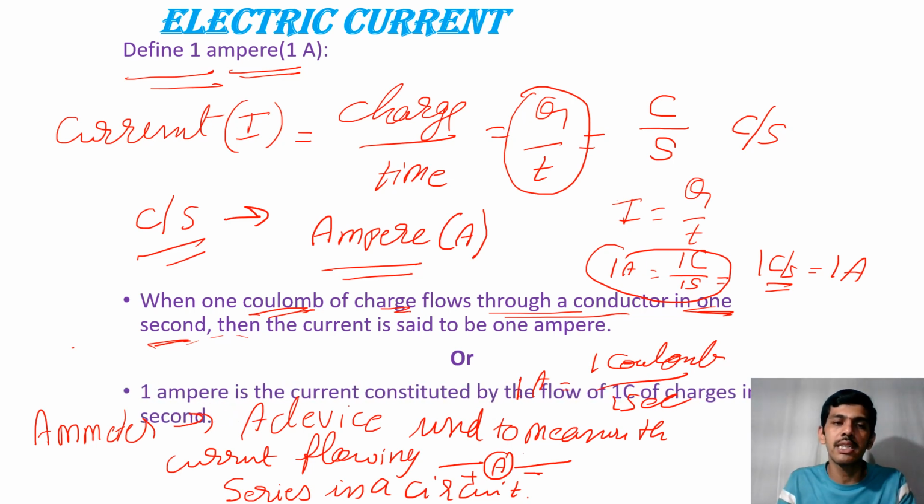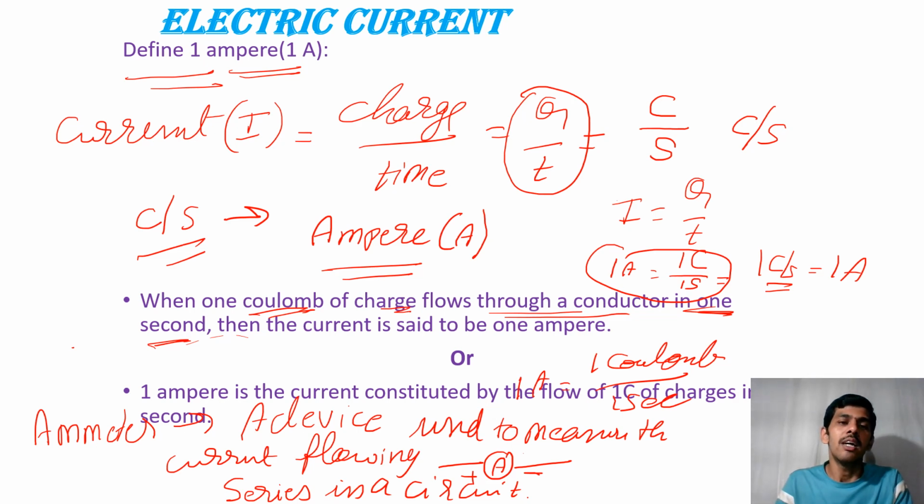We have already discussed 1 ampere is a current constituted by the flow of 1 coulomb of charge in 1 second. That I have already explained to you. So if you find the first definition to be difficult, you can use the second definition also.